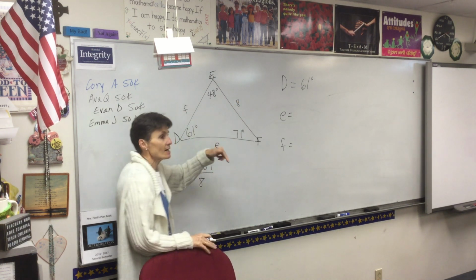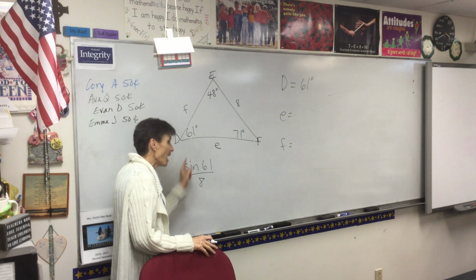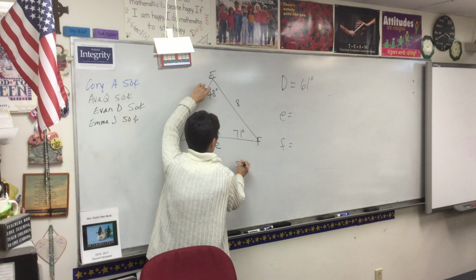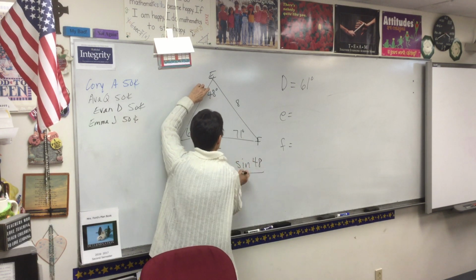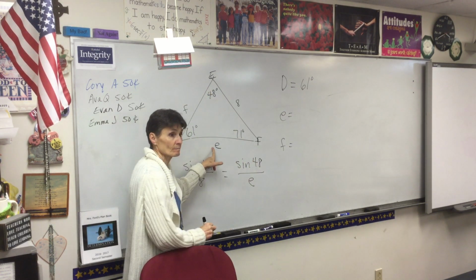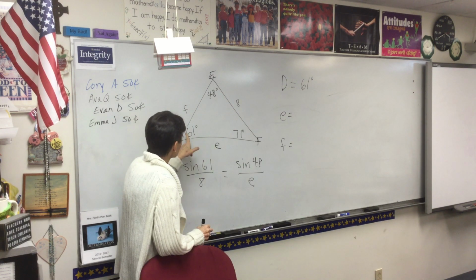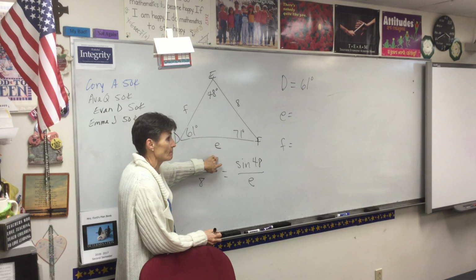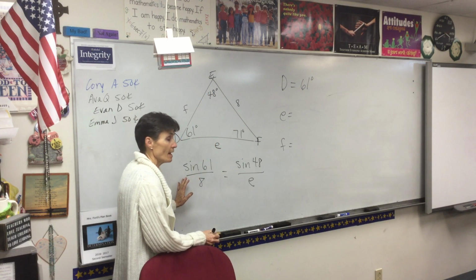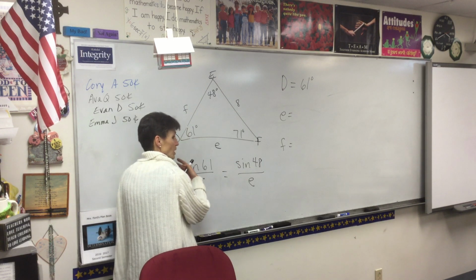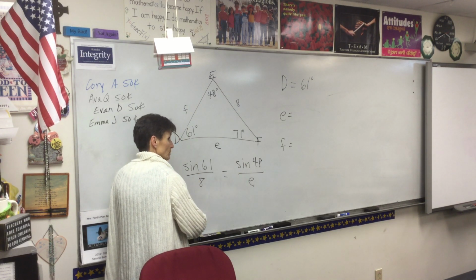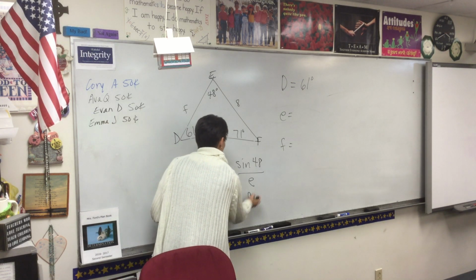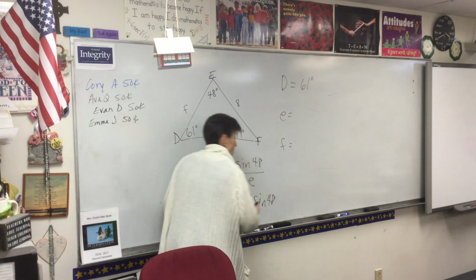Now notice, it's not 61 over 8, it's sine 61 over 8, and that will equal the sine of 48 over E. So sine 61 over 8 equals sine 48 over E. The law of sines, and it's real easy to solve. Now I just cross multiply. So E sine 61 equals 8 sine 48.